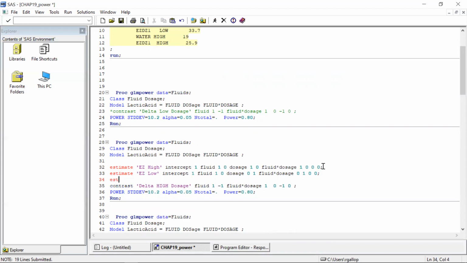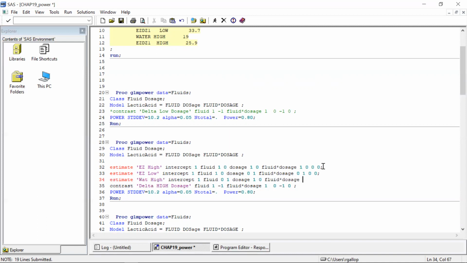Do the same thing here. So we go water, high. We have the intercept 1, fluid, now we're on water. It's level 2 fluid. Dosage, we're at level 1. And then the fluid star dosage.